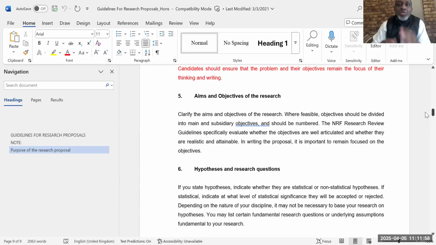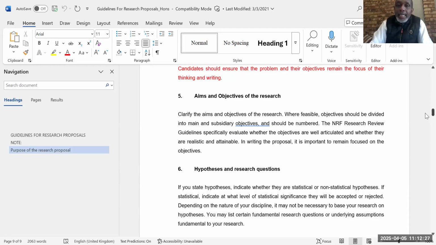So what I'm trying to say is that the hypothesis should be just one, while the key questions should be linked to the objectives, but they should be less than the objectives. You can tie one key question to two objectives, and the key questions should not be more than three or four.